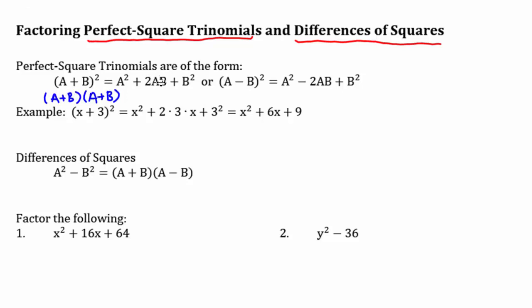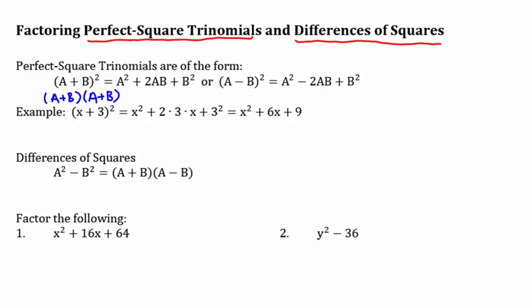There's two of them, so it'll be 2ab. And then you'll have your b squared. So if the trinomial is of this form, a squared plus 2ab plus b squared, then you can factor it as a plus b squared. And then also when you have a minus b squared, again that would be a squared minus 2ab plus b squared. And we'll learn a way in which we can factor these.